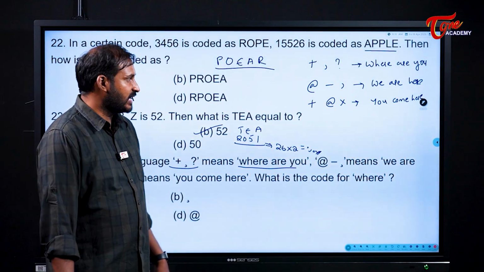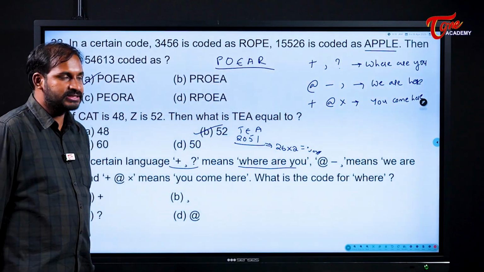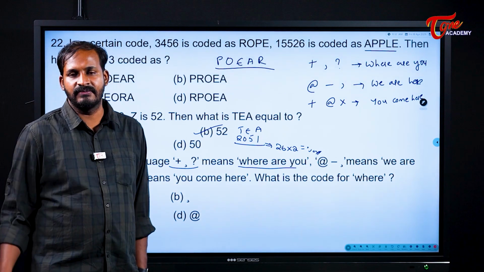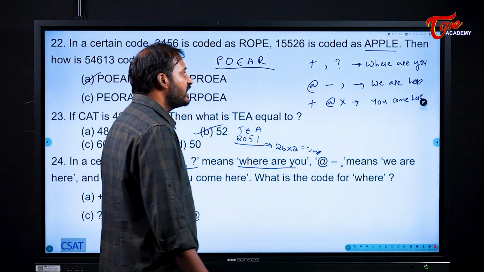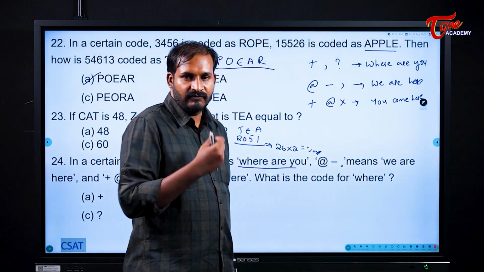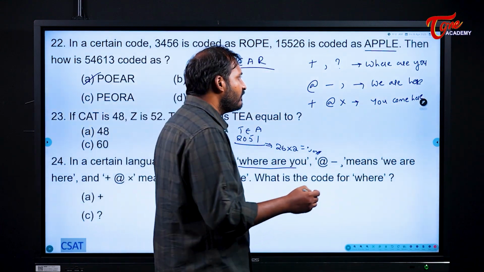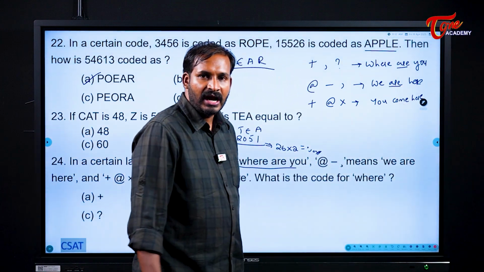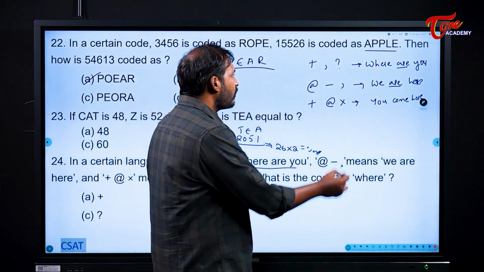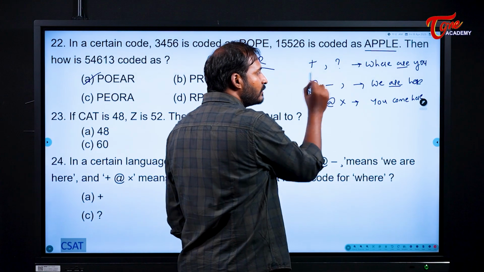Now please see here, whenever you see this type of coding, it is called sentence coding. That means the entire sentence will be coded. Now see here, where are you? Whenever you see these types of questions, how we need to approach is, wherever we have the common word. Between these two sentences, what is the common one? R, right? So what is common in these two? Comma.